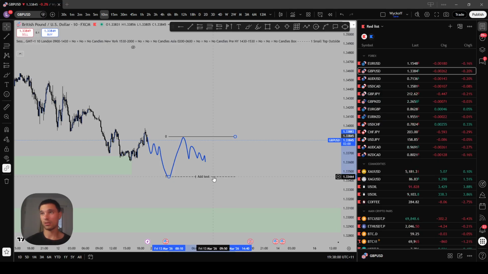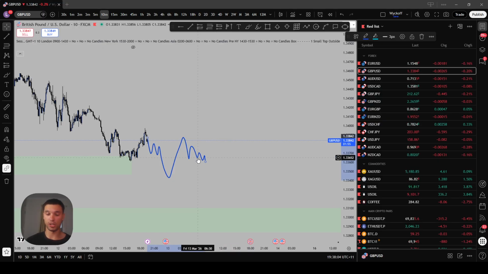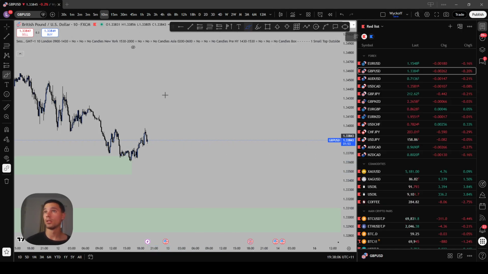Or if we get something even more refined, which is also a possibility. Given we've already mitigated this demand, we get something like this, come back down, come up, and create that third tap.